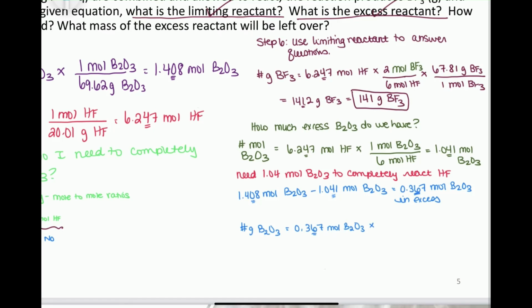So to convert from moles to grams, I'm going to use molar mass again, but this time I'm going to multiply by the molar mass. Divide by 1 mole.